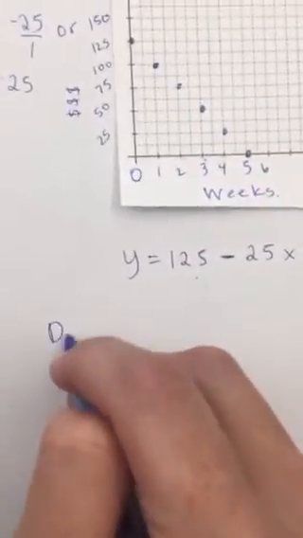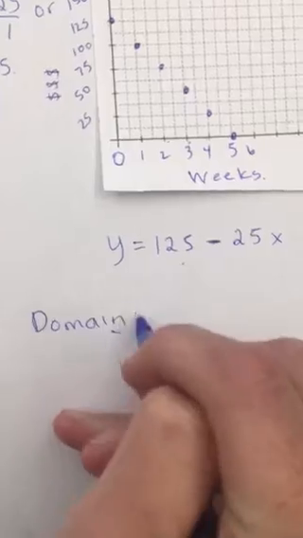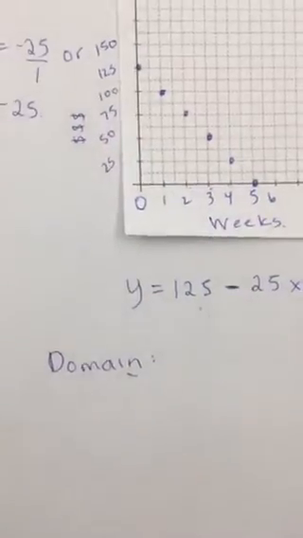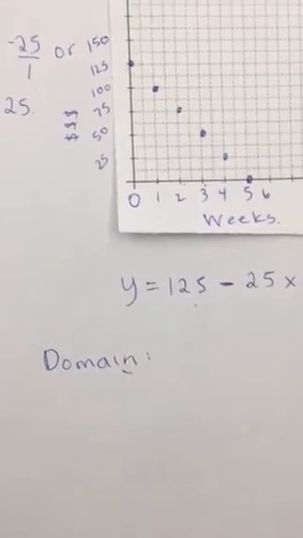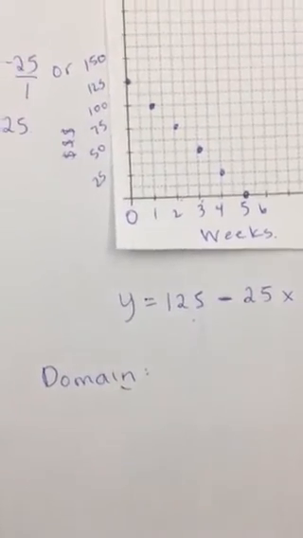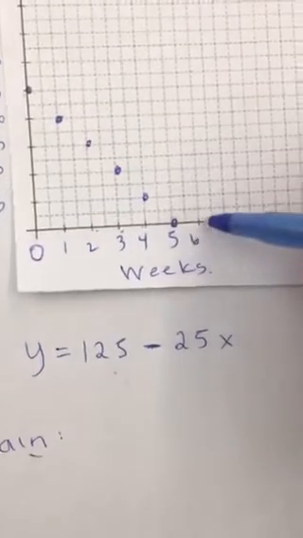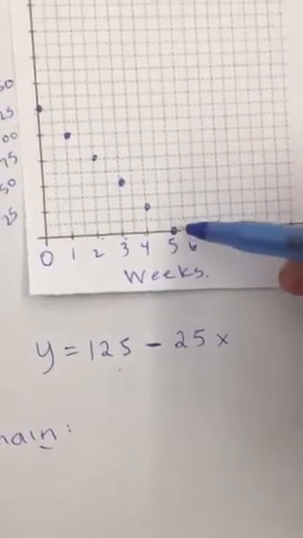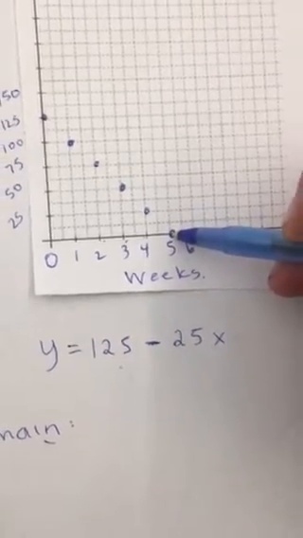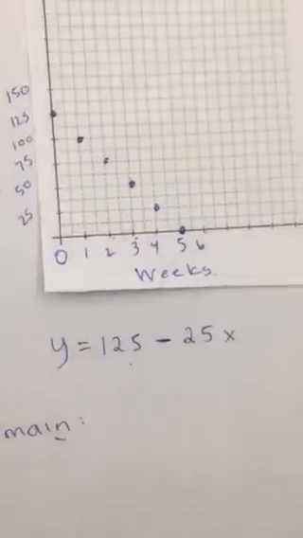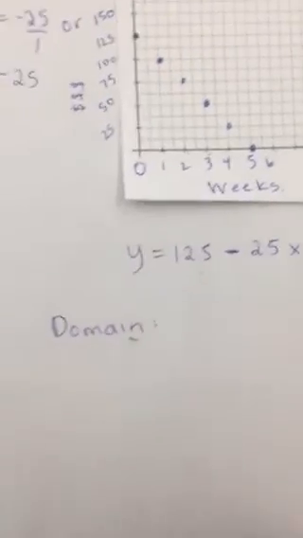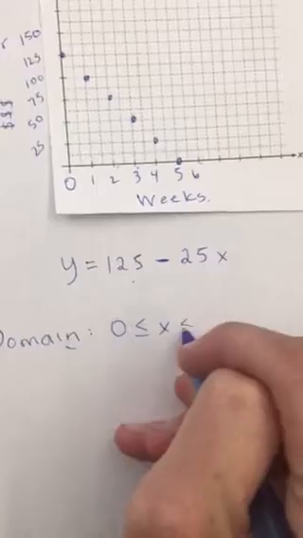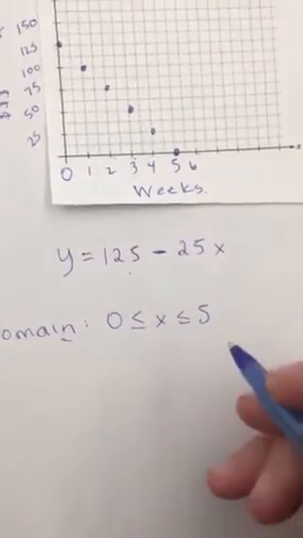Don't be scared of it. Domain is just talking about what are the possible x values, right? What can I calculate in this equation? If I try to put in 6 weeks, I'm not going to be able to do it because he has no money left. This is the end of the scenario. After 5 weeks, he has no more money left. So my domain is all of my x values between 0 and 5.